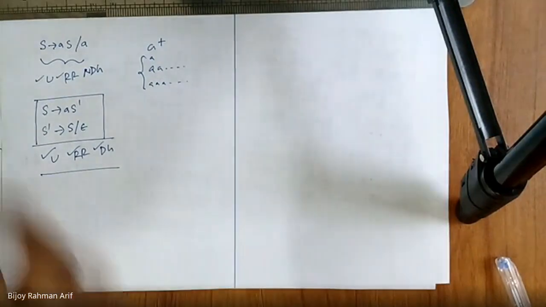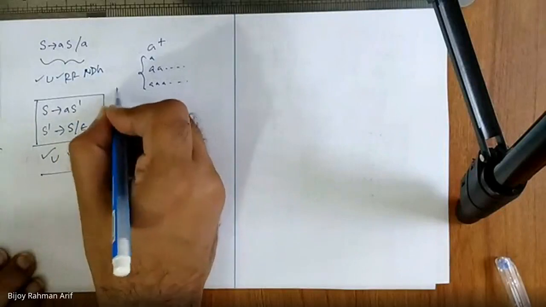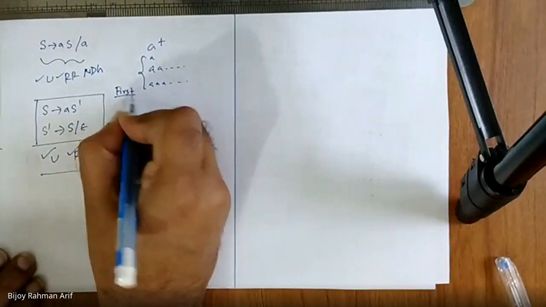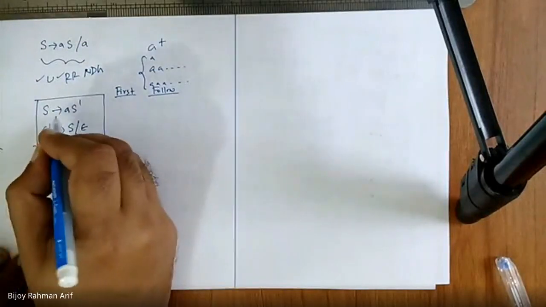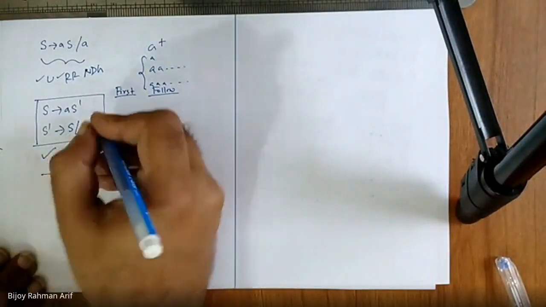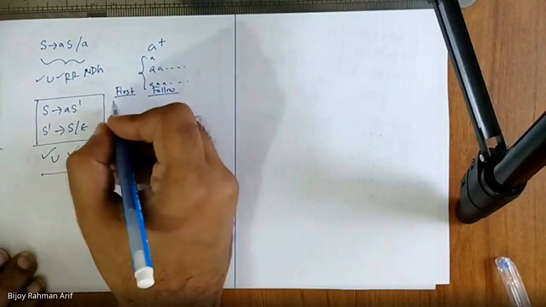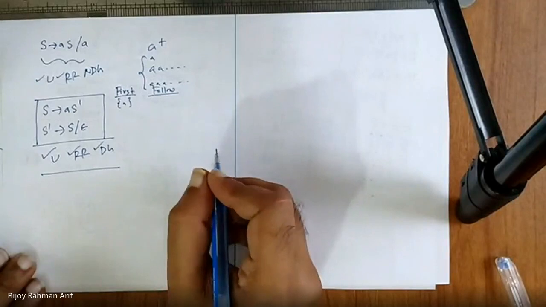Let's try to create the parse table. So what would be the first step? Finding first and follow, right? So what is first of S? What is first of A? What is first of S dash?